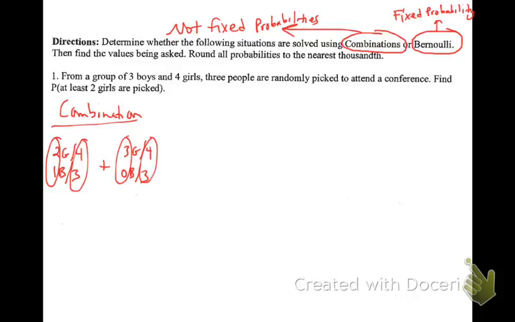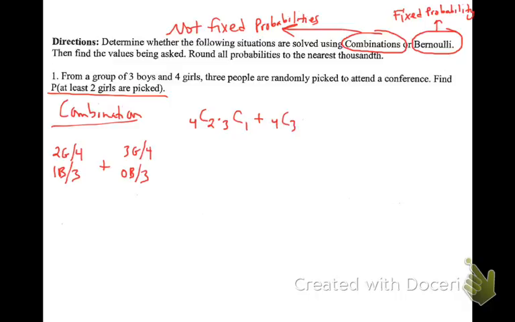Alright, so now let's write this as a combinations problem. Since we have addition, we're going to have a numerator, and because it's probability, we're going to divide by the total. So we'll have 4c2 times 3c1, that came from there. And we're going to add it to 4c3 times 3c0, which came from the second possibility, 3 girls chosen.